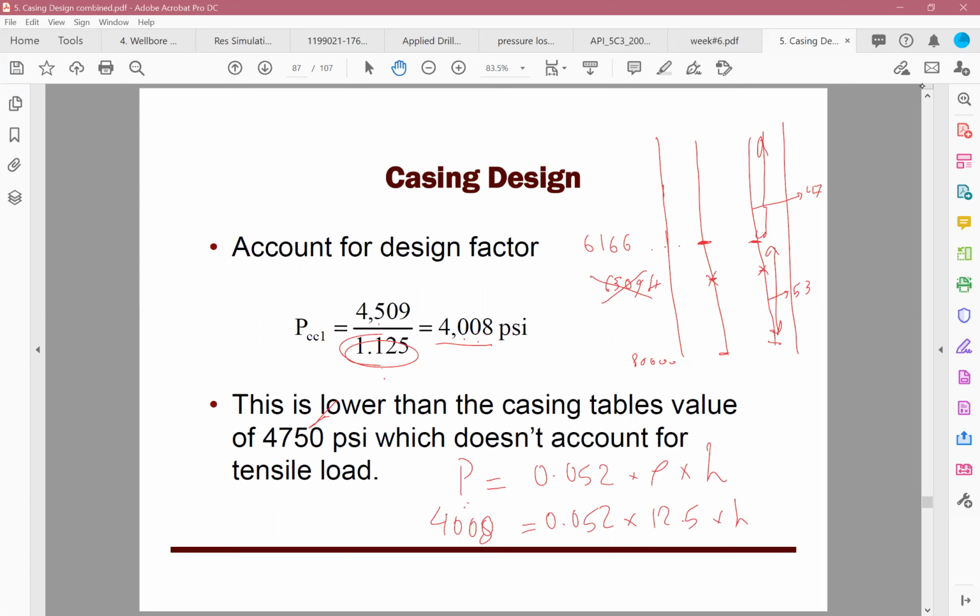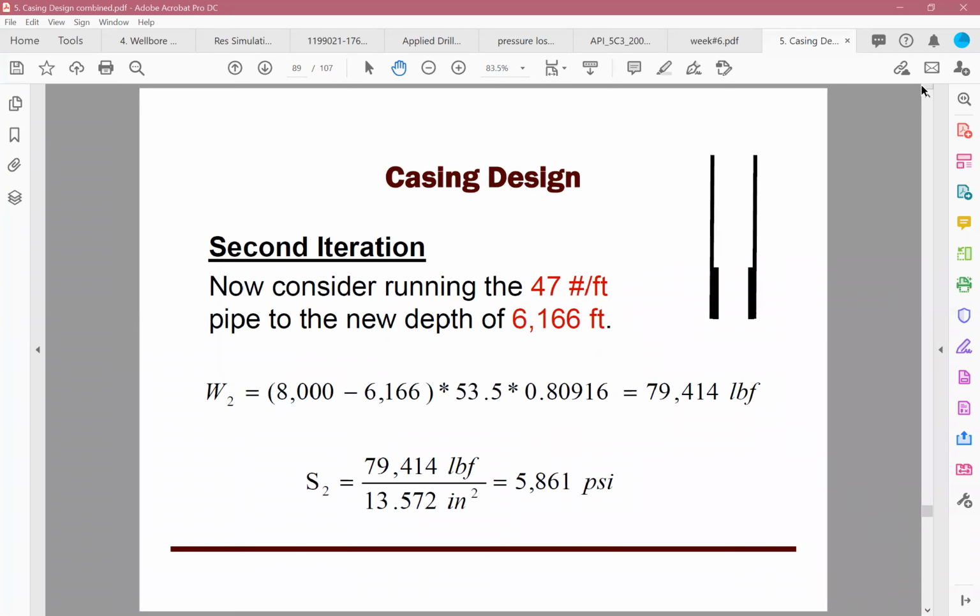So since your axial tension has changed, you need to redo the design because your axial tension is not the same anymore. Now you have to design based on this length of 53 pound per feet. So we do this process completely again, okay? So again, calculate the weight, 8,000 minus 6,166 multiplied by 53 pound per feet.